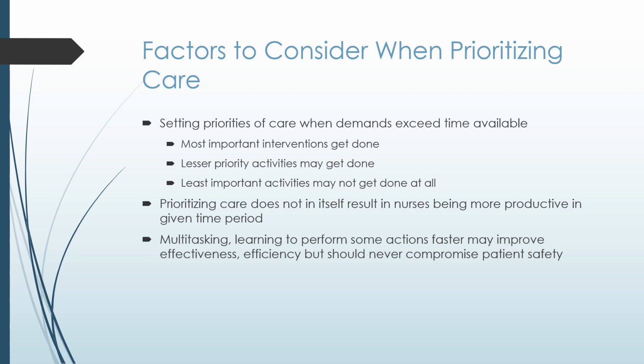Even when you're prioritizing care in the clinical world, you're prioritizing and multitasking essentially at the same time. Multitasking is learning to perform actions faster, may improve effectiveness. Efficiency should never compromise patient safety, okay? It should never compromise patient safety, but you have to learn how to multitask.